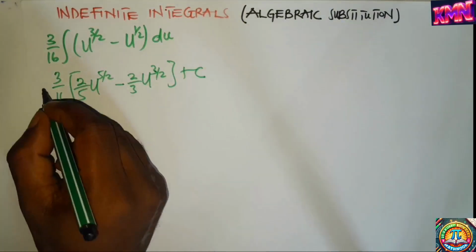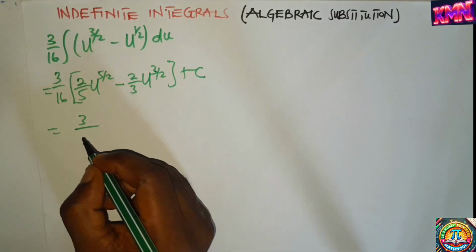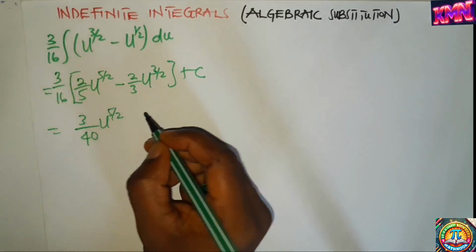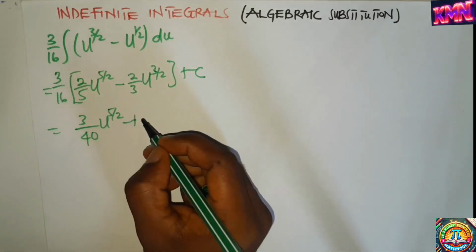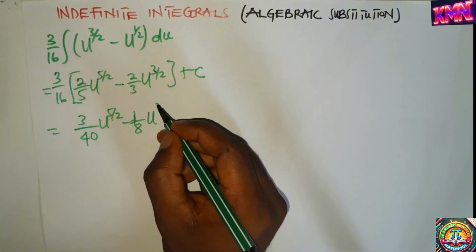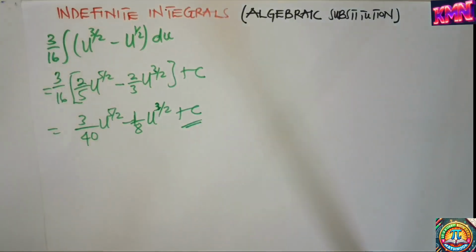Multiplying through by that, we get 3 on 40 u power 5 on 2 minus 1 on 8 u power 3 on 2 plus c as our answer.